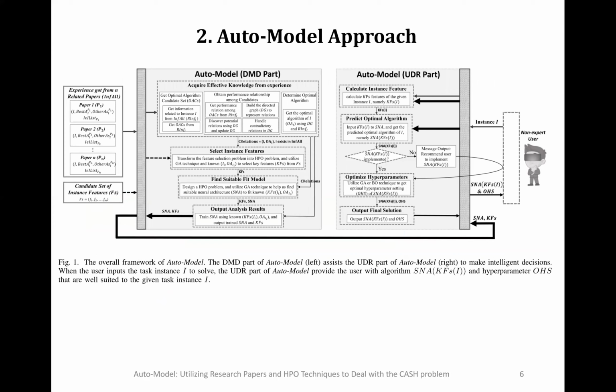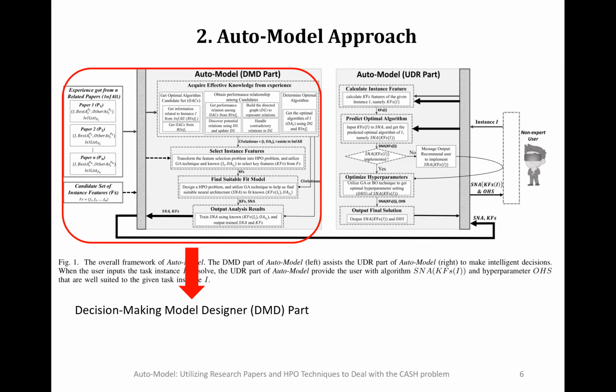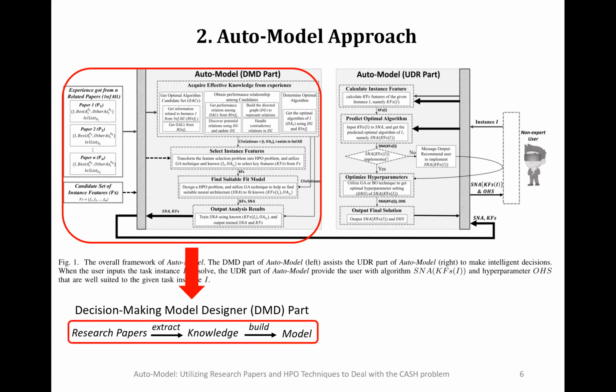This is the overall framework of our Automodel approach. It consists of two parts: the decision-making model design part, the DMD part in short. It extracts the knowledge from the research papers and then builds the decision-making model for better recommendation by using the knowledge that we extracted.